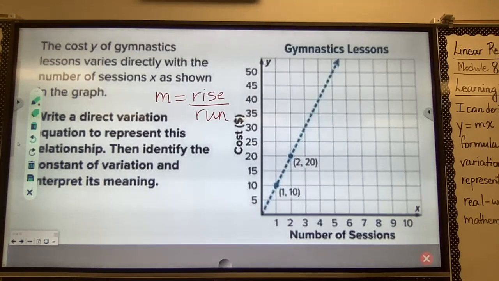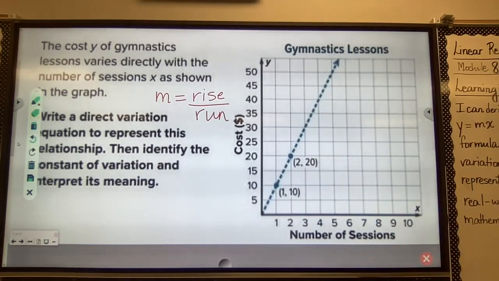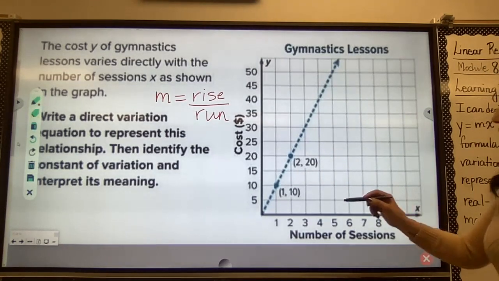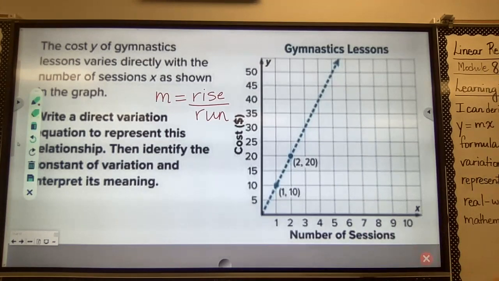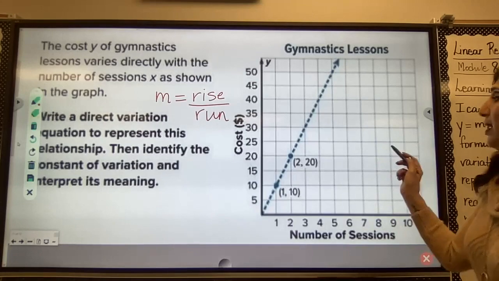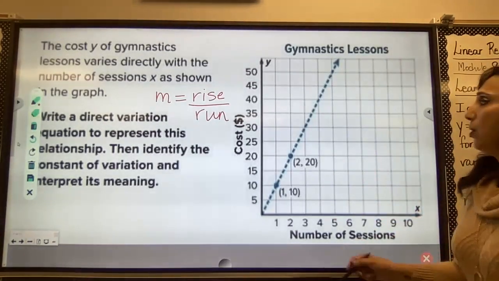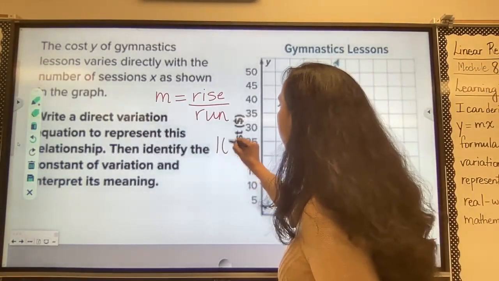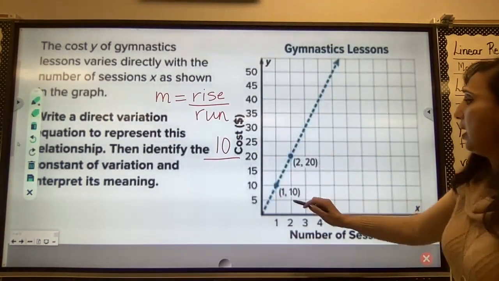So let's choose these two points. We have (x1, y1) and then (x2, y2). When I'm doing rise, which is y2 - y1, so 20 - 10, I get 10. And then for the run, 2 - 1, I get 1.